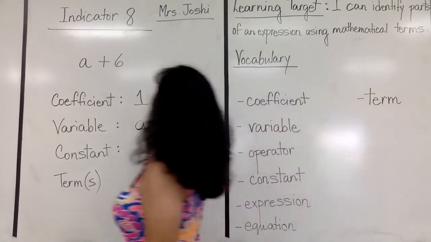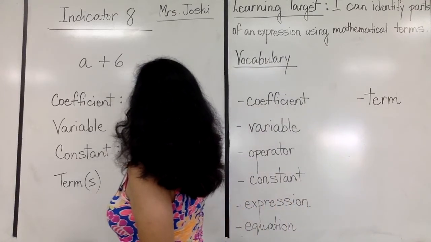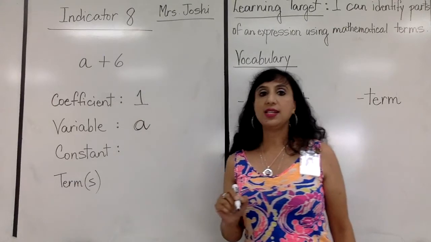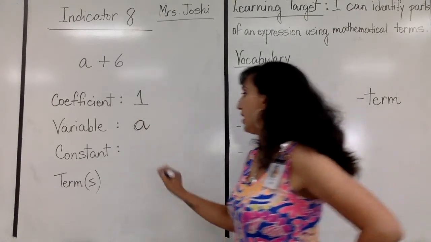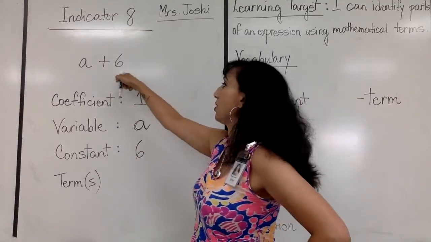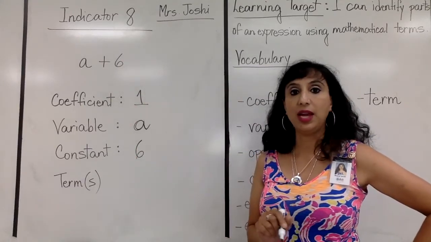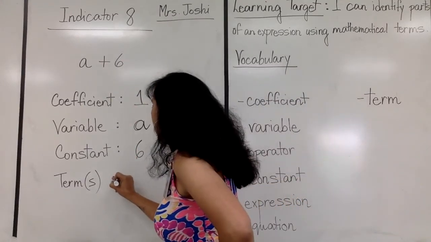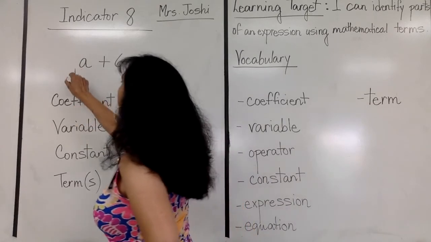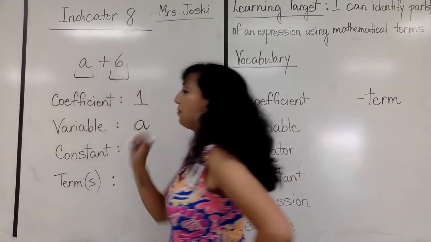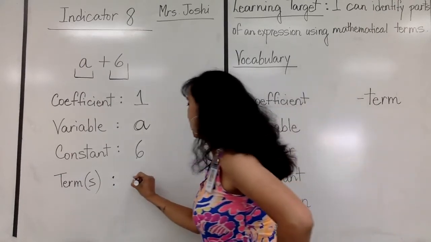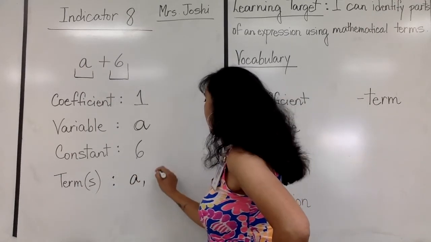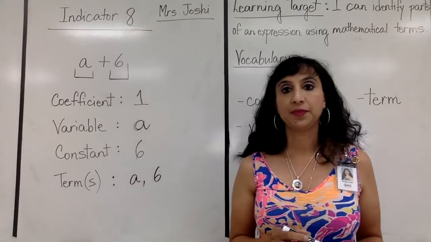So a is my variable. Now the constant, which one is a fixed number? It is 6. That's the constant. And then my terms: I have this term and I have this term, separated by addition. So my terms are a and 6.